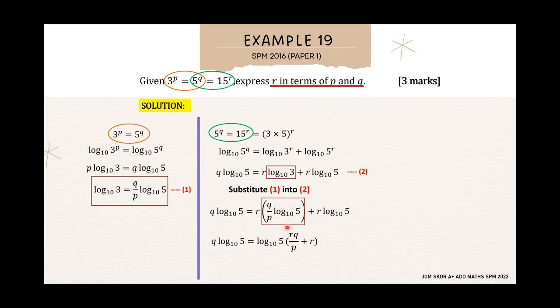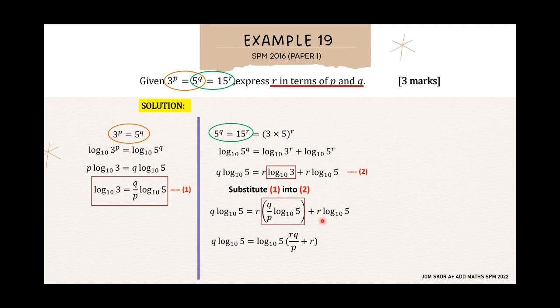Kita ada dua term di sini, dan both term ada log 5 base 10. So, untuk term yang pertama di sini, bila kita keluarkan log 5 base 10, yang tinggal hanyalah r darab q per p. So, untuk term yang kedua, bila teacher bawa keluar log 5, yang tinggal adalah r.